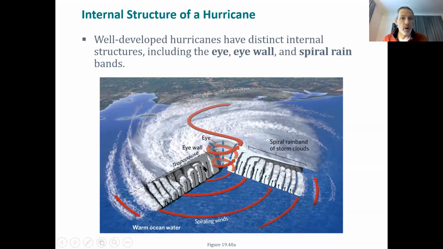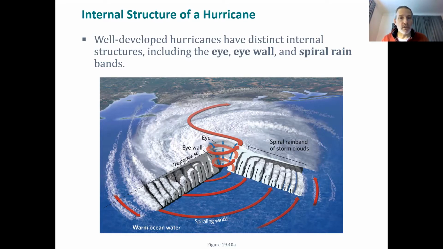As the air rises up, it's going to give off more of that latent heat, and it's going to in turn cause more heat in the atmosphere. This latent heat in the atmosphere is going to cause more of these winds to move. And so if this continues, the hurricane will build and build and build. It'll create its own separate rain bands.